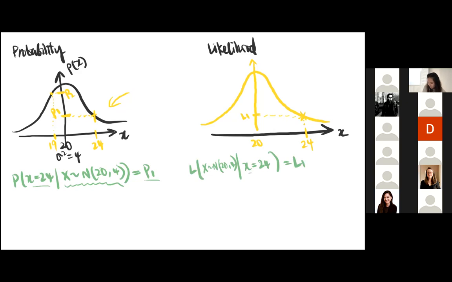Given that we have this one data point of a puppy weighing 24 pounds, the likelihood of the population of puppies being distributed like this is going to be L1, which will evaluate to be the same as P1. Whatever that number is, it would be the same, but the direction is flipped. The probability that the distribution of the population of puppies is this, based on this one puppy, is L1. So cool, that is likelihood. Does anyone want to clarify anything?